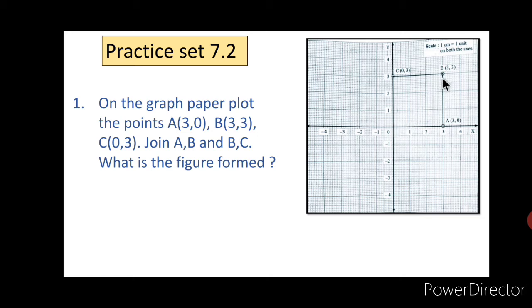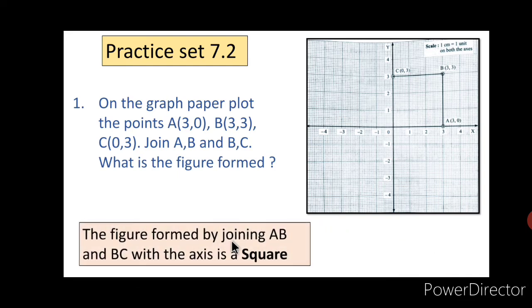Then point B, whose x coordinate is 3 and y coordinate is also 3. Then point C, whose x coordinate is 0 and y coordinate is 3. When we join the points A, B and C, the figure formed is a square.